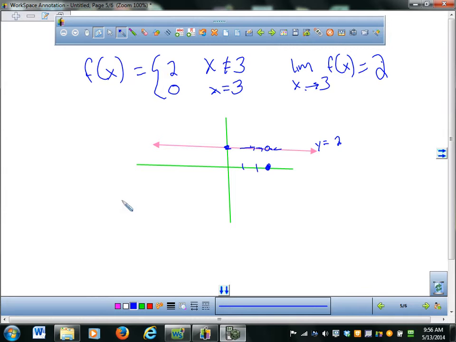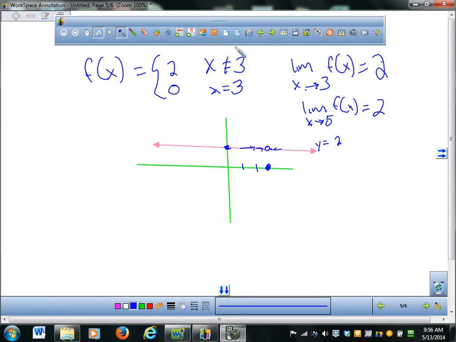Okay? So sometimes with functions like that, you can have a hole in the graph, but you can still have a limit. What would be the limit as x goes to 5 of this same function? Would it still be 2? It would still be 2, right?